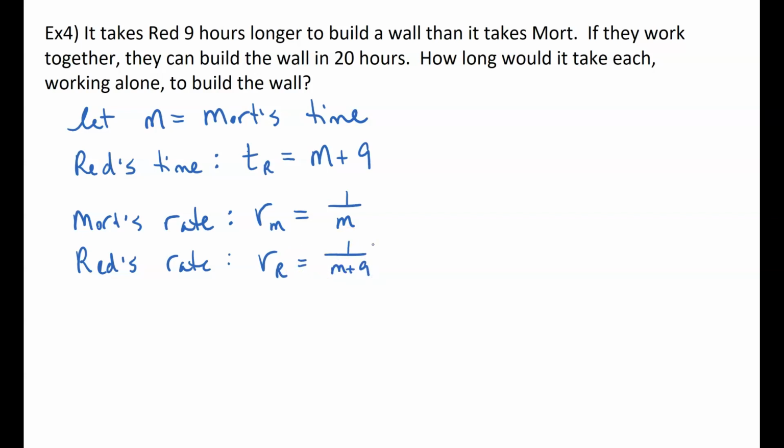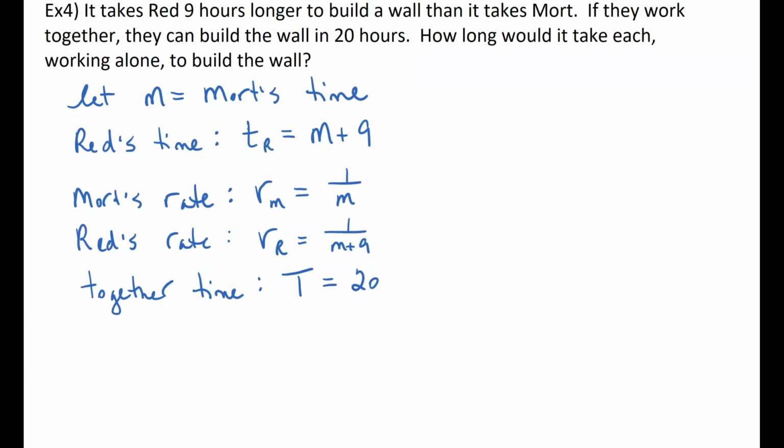So in the previous example, we weren't given the together time, but this time we are. So together, I'm going to use a capital T since I used a lowercase t over here. Together time, let me write it as time first. We'll call that T is equal to 20.